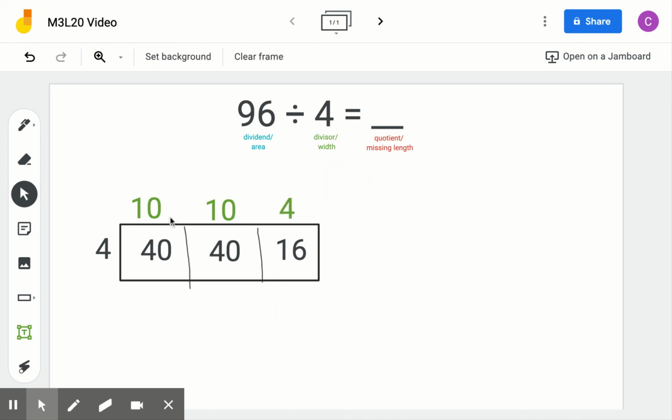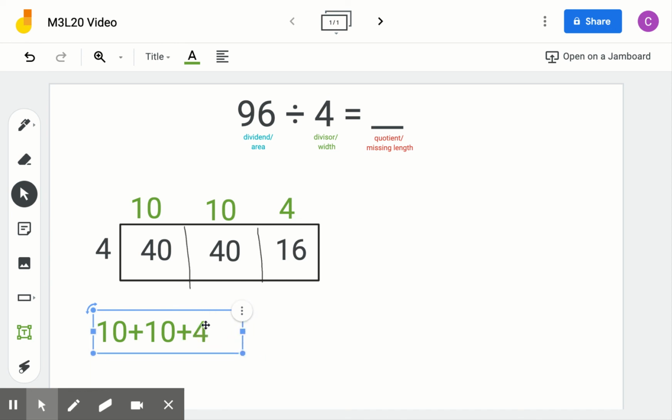So we're almost done. We have 3 parts of our missing length. All we have to do now is add these parts up. 10 plus 10 plus 4. I know 10 plus 10 is 20, plus 4 more is 24.